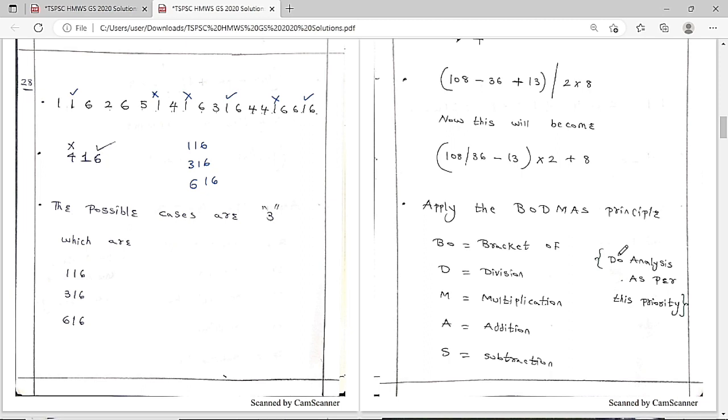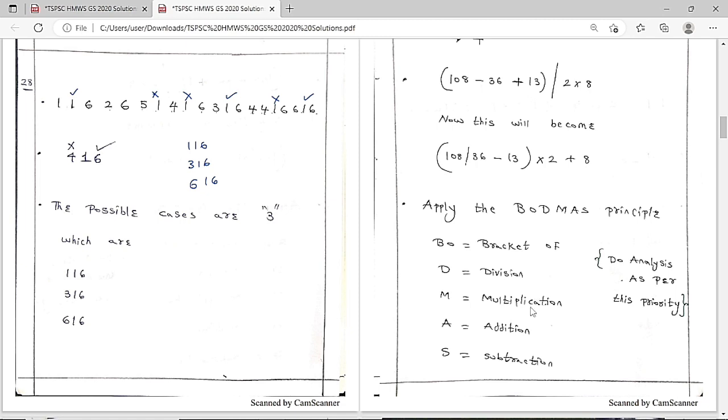You have to do the simplification as per this principle, as per this priority.